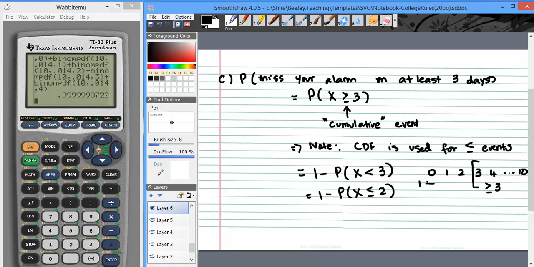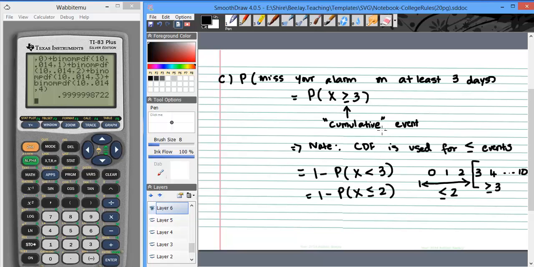So the complement is this part right here. The possibilities are x is 0, or x is 1, or x is 2. In other words, you did not miss your alarm on any given day in the 10-day period, or you missed the alarm on exactly 1 day, or you missed the alarm on exactly 2 days. So this is nothing but less than or equal to 2.